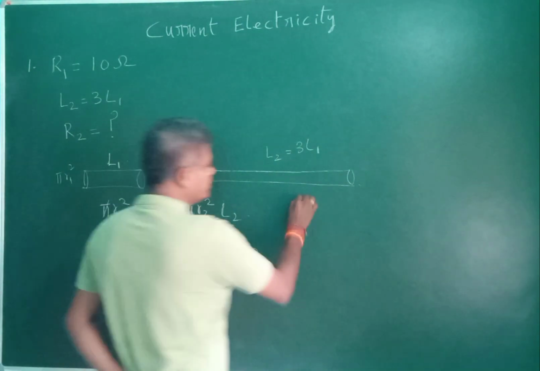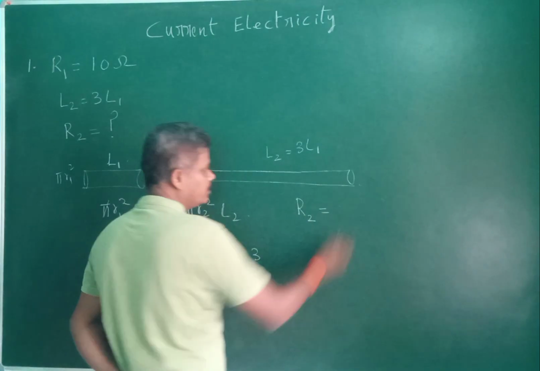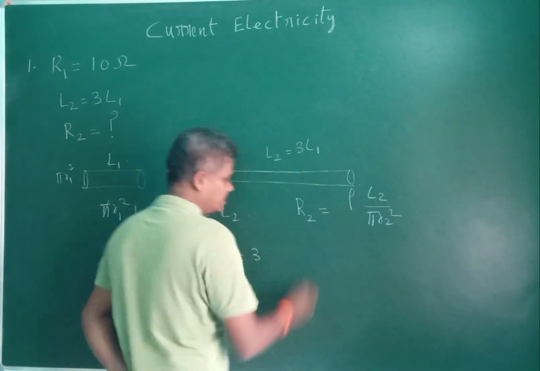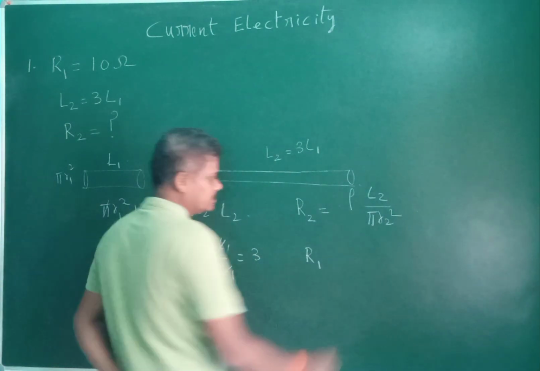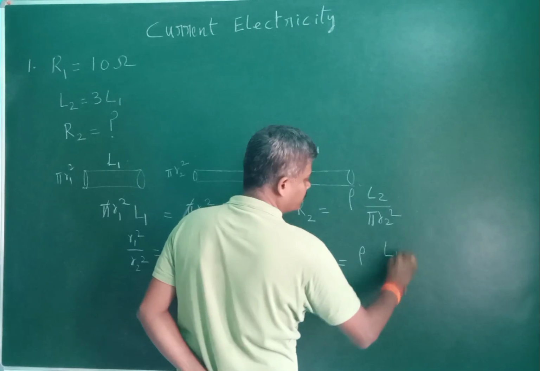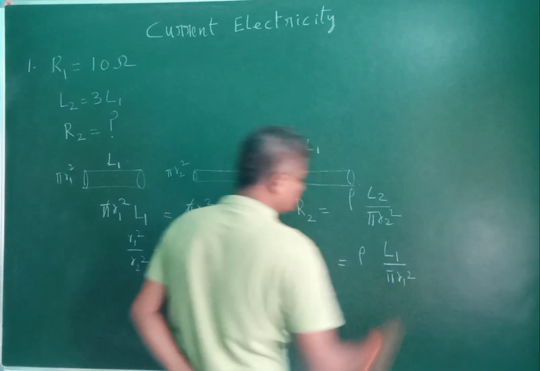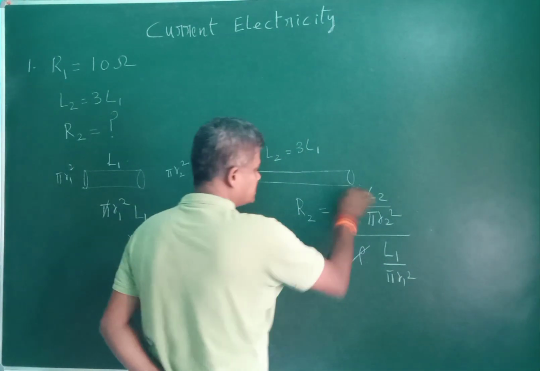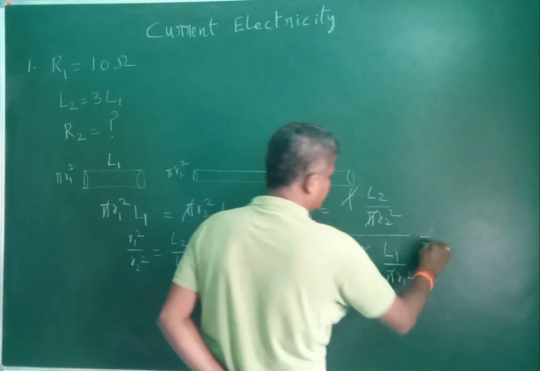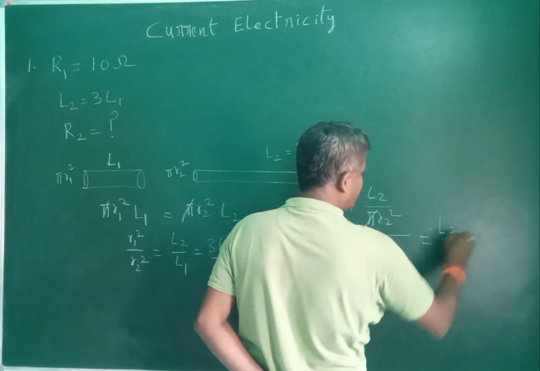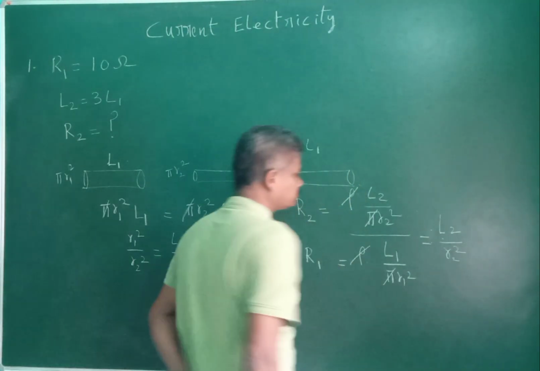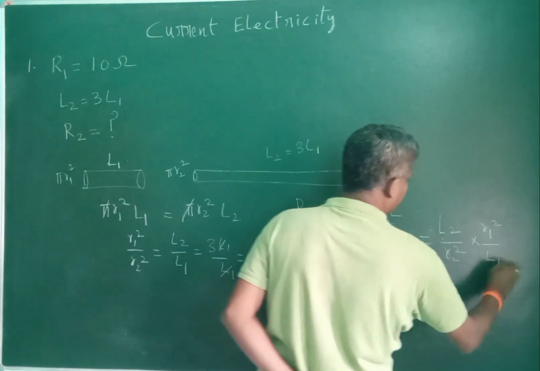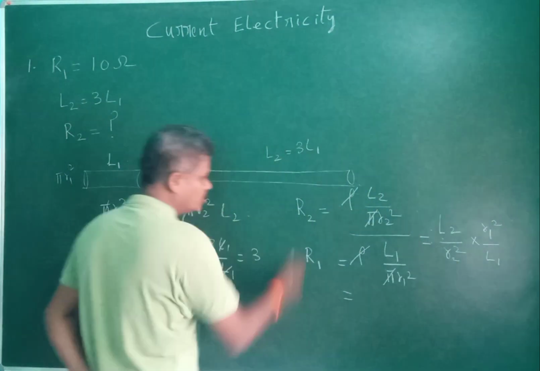Now the new resistance R2 is given by rho L2 by pi r2 square, and the original resistance of the wire is given by rho L1 by pi r1 square. If I divide these two equations, rho gets cancelled, pi gets cancelled, and I get L2 by L1 into r1 square by r2 square, that is R2 by R1.